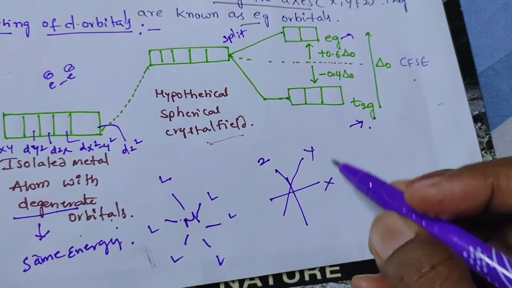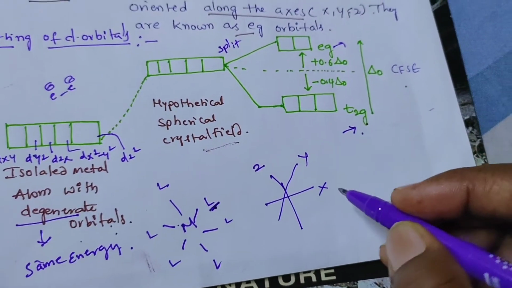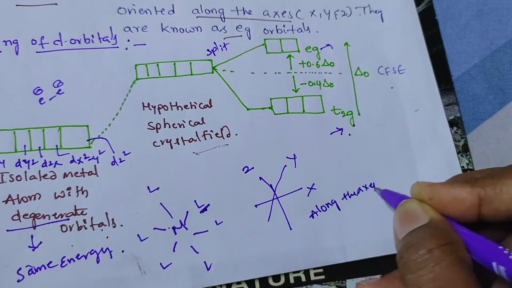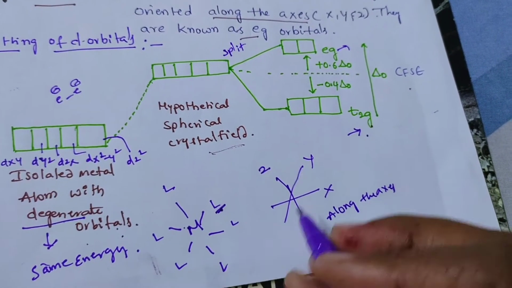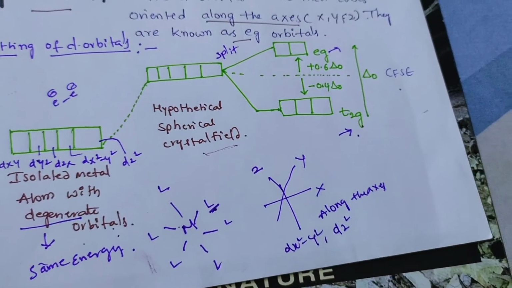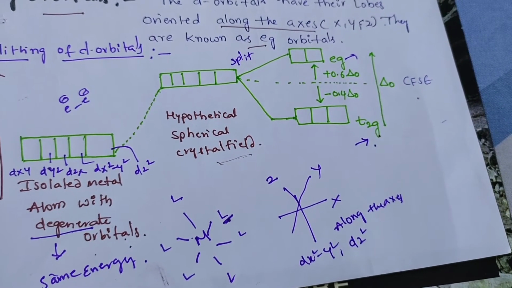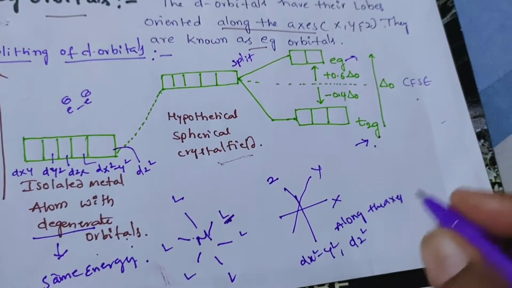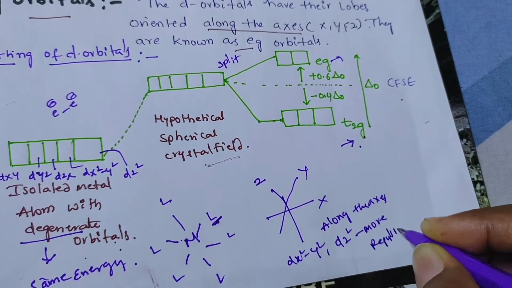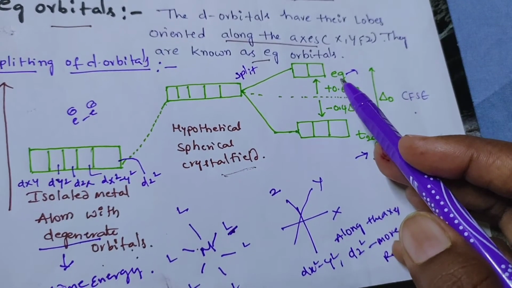As the ligands approach along the axis, the dx square minus y square and dz square orbitals experience more repulsions and acquire high energy. So these orbitals are called Eg orbitals.